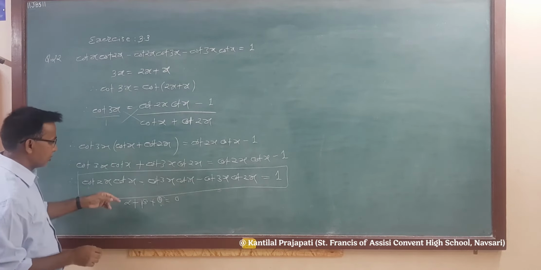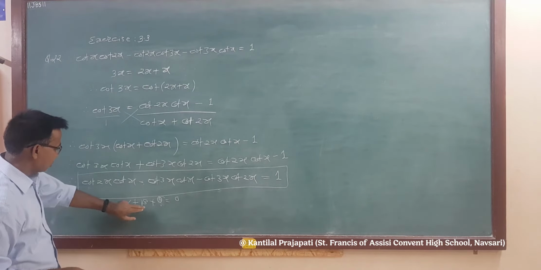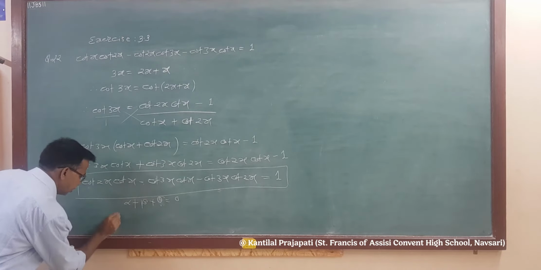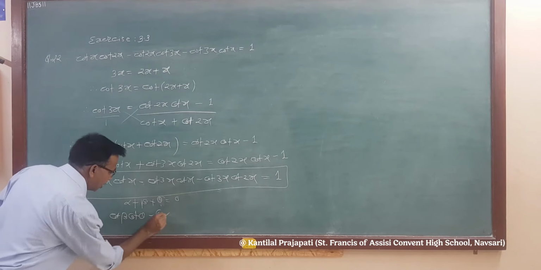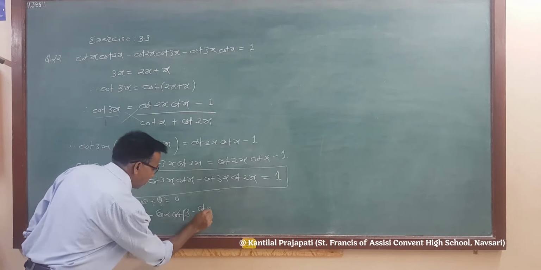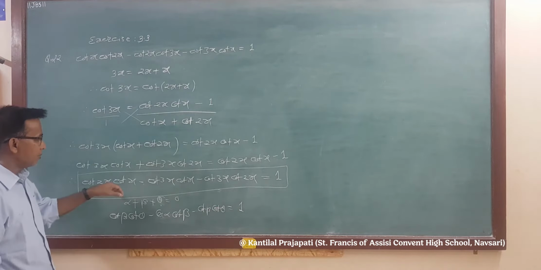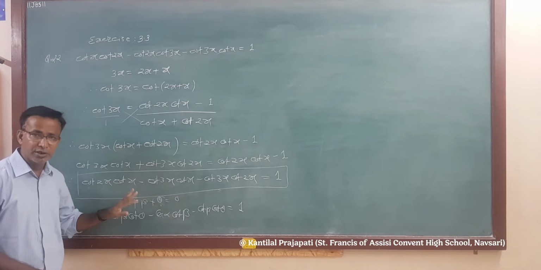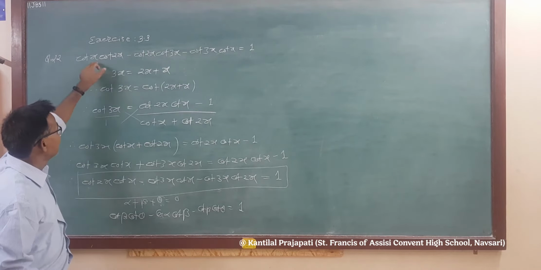Then for that one, the result will be cot alpha cot beta plus cot beta cot theta minus cot alpha cot beta minus cot beta cot theta is equal to 1. From this result, 3x minus 2x minus x is equal to 0, if alpha plus beta plus theta is compared with this.